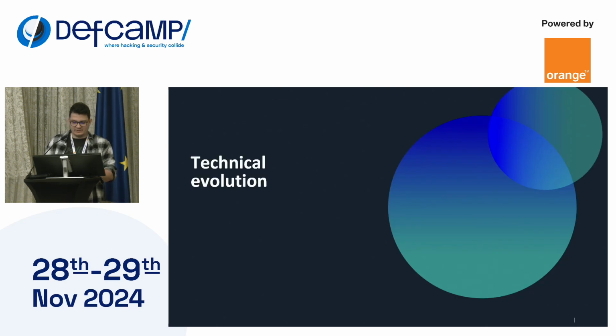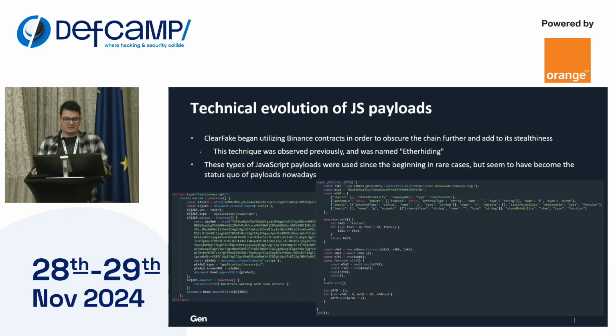Okay. So now we'll see how they transitioned from the usual putting the entirety of the PowerShell payload in the page, to trying to add to their stealthiness and making the analysis and the chain even harder and more obfuscated.